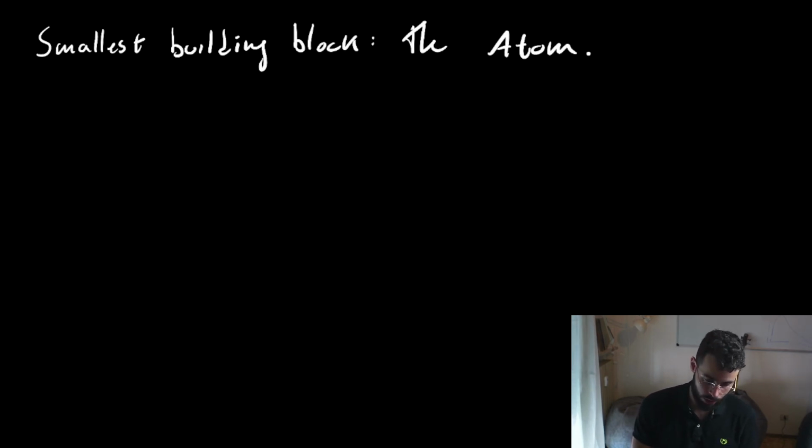Now, I mentioned carbon as the backbone of life because in the next lesson we are going to talk about the micromolecules that build everything inside the human and the animal body.